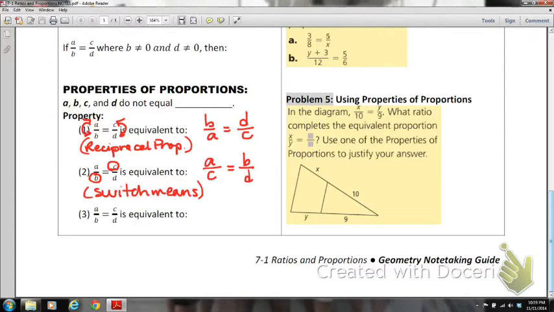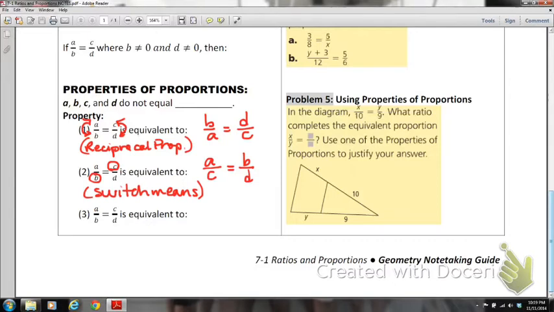Note that it's also valid to go from the original proportion, A over B equals C over D, and you can also switch the extremes, and that's also valid as well. So let's also put that one there.